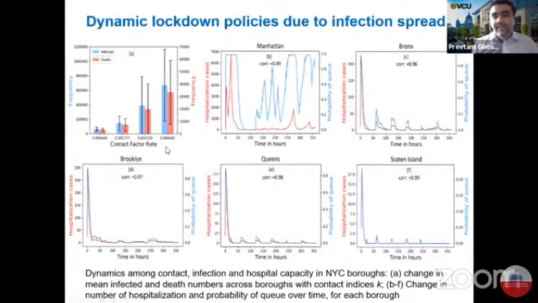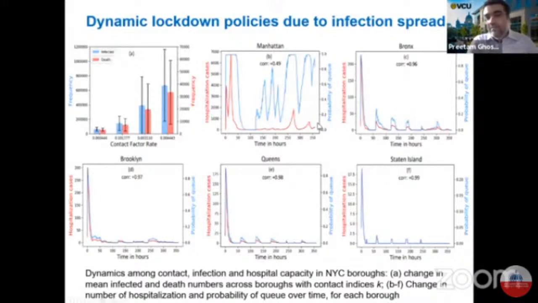If you keep increasing the radius of the lockdown, more and more people will get infected and maybe die. And there are some correlations that we showed between what actually happened in Manhattan versus what our simulations were predicting in terms of hospital capacity use and infected and death counts. We were looking at 5 different boroughs of New York City, and we got very good matches for Bronx, Queens, Brooklyn, and Staten Island.